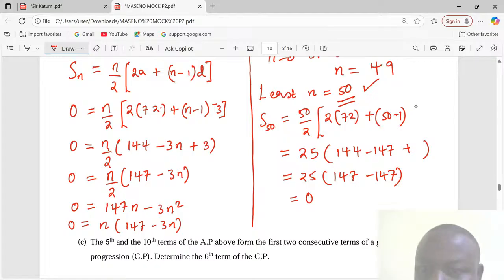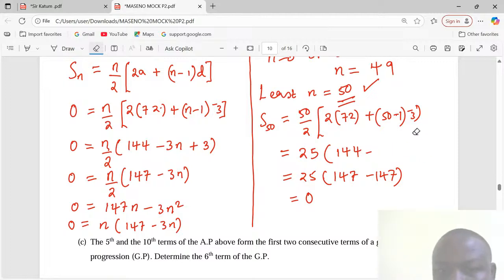Times negative 3. So now I'll be having 49 by negative 3, which is 147.